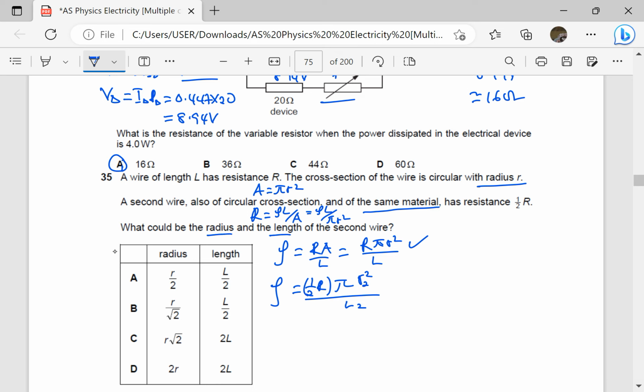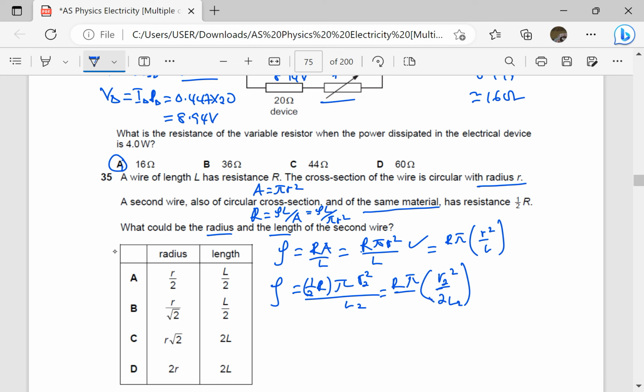I'm going to simplify this further. Note that R and pi are going to be constants. What is going to change is small r and L. So here I have R pi times r squared over L, and this is equal to R times pi over 2 times r2 squared divided by L2.